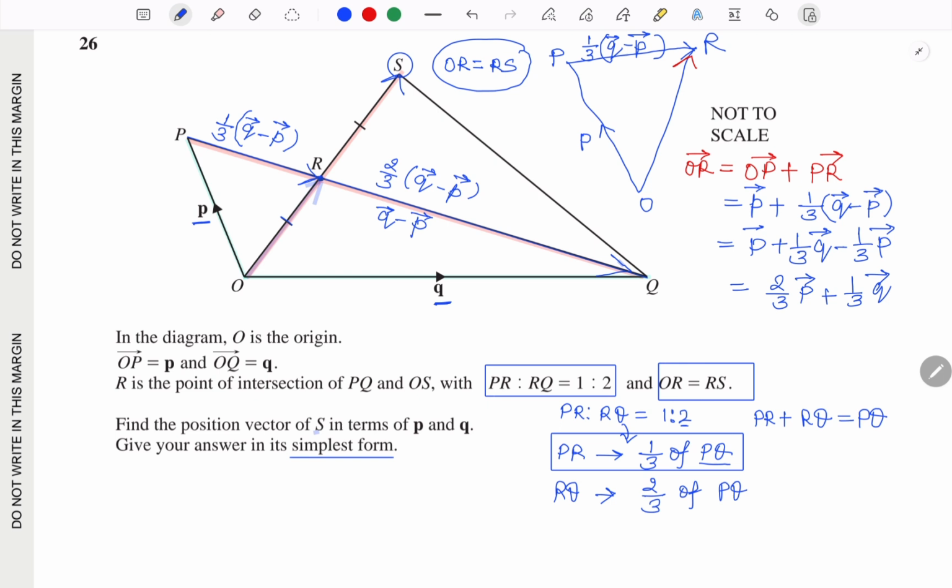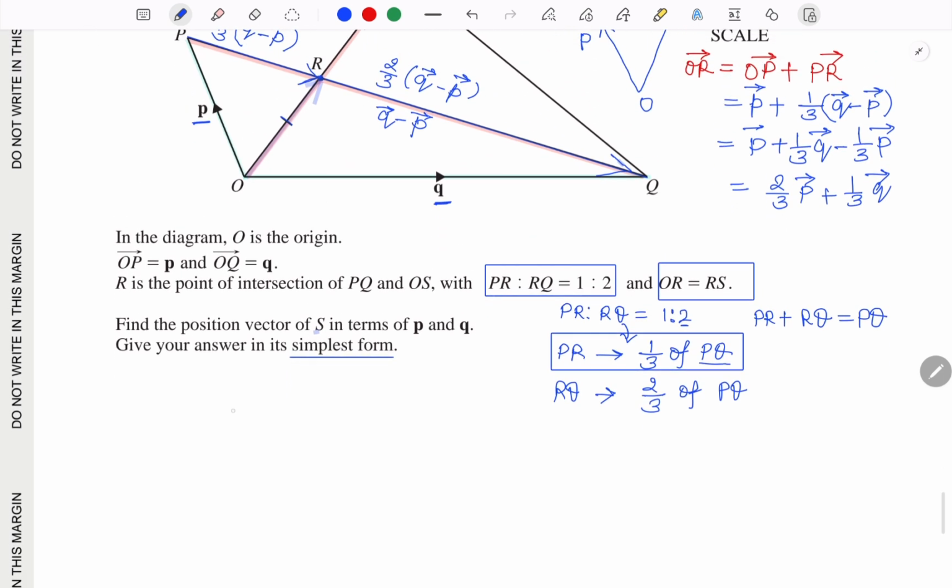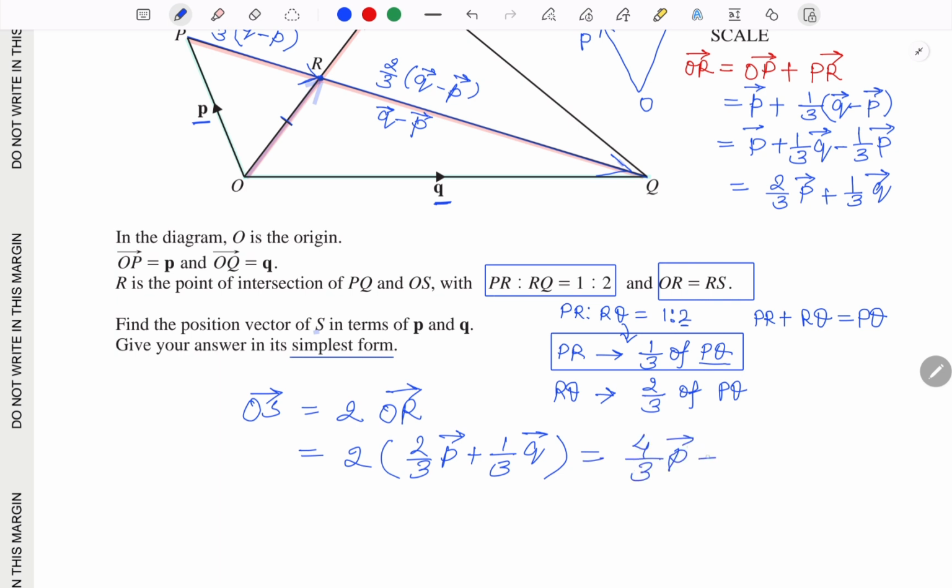So we just need to multiply 2 with the OR vector and we will get the OS vector, that is the position vector of S. So 2 times OR vector is 2 times (2 by 3 P vector plus 1 by 3 Q vector). If you multiply 2 inside, it will be 4 by 3 P vector plus 2 by 3 Q vector, and this is the answer for this question.